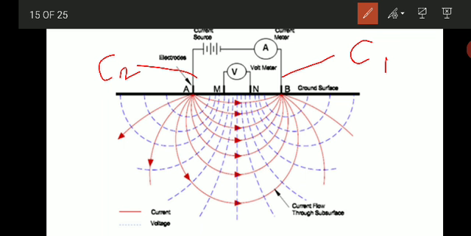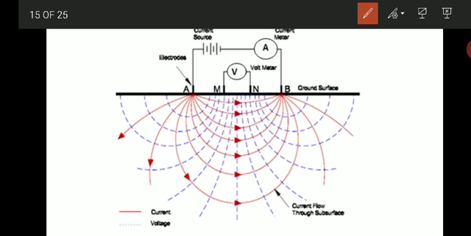You can call them P1, P2, or M and N. So these are the 4 electrodes. Current electrodes are also called outer electrodes, and potential electrodes are also called inner electrodes.